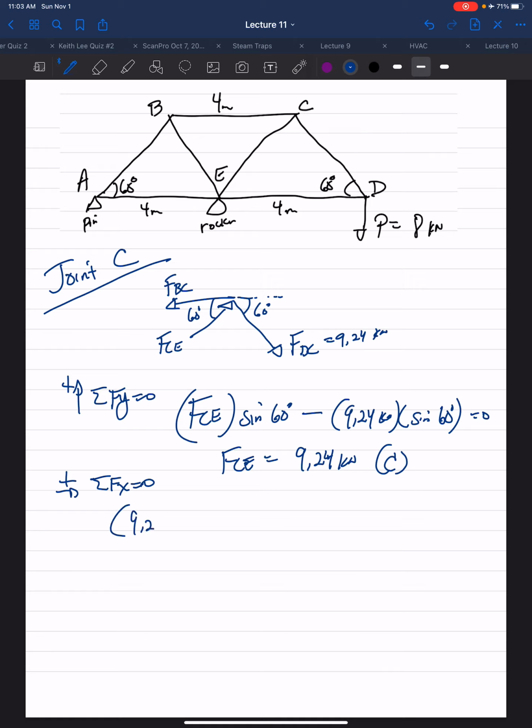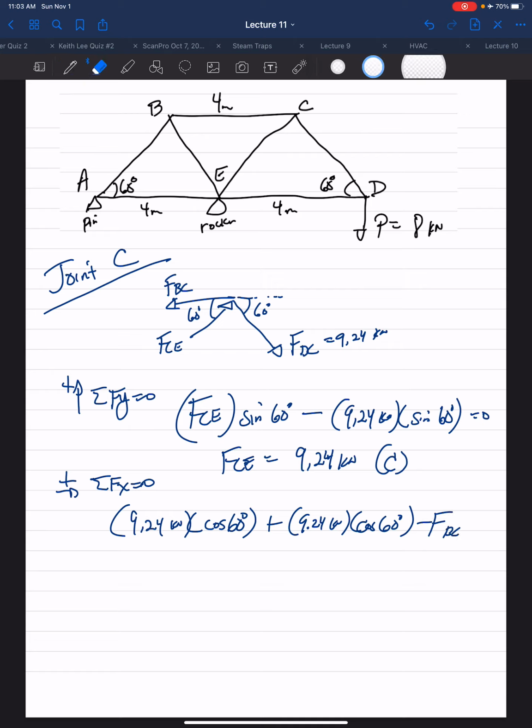So it's 9.24 kilonewtons times cosine 60 degrees plus 9.24 kilonewtons times cosine of 60 degrees as our FDC minus FBC. FBC is 9.24 kilonewtons. And that's pulling, so it's tension.